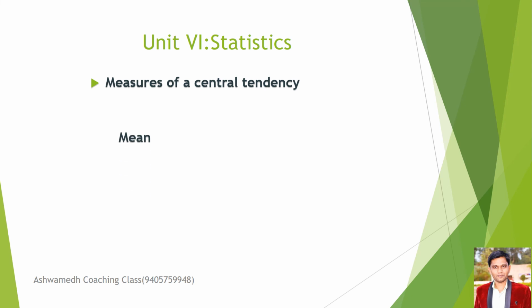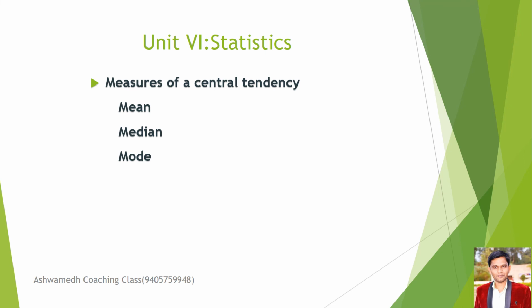The first measure of central tendency is mean. Mean means average, and we also call it the arithmetic mean. Second is median. What is meant by median, that again we'll discuss. And the last one is mode. So mean, median, and mode are the measures of central tendency.